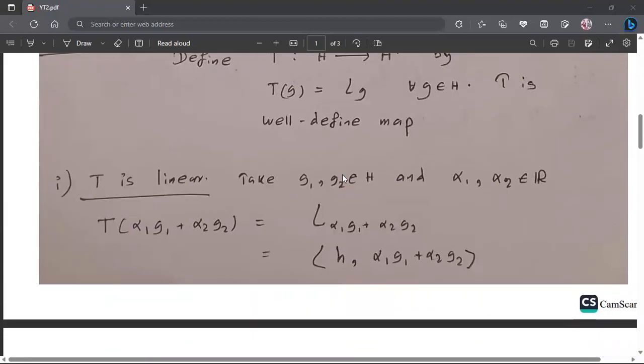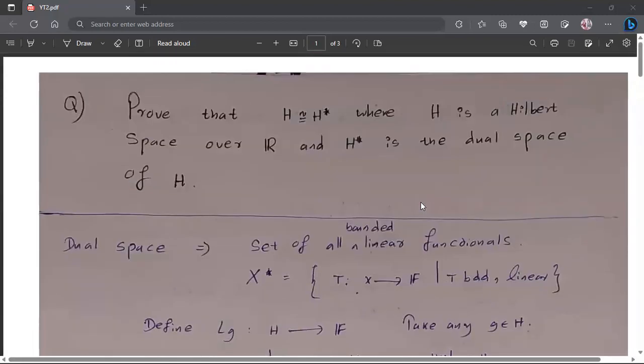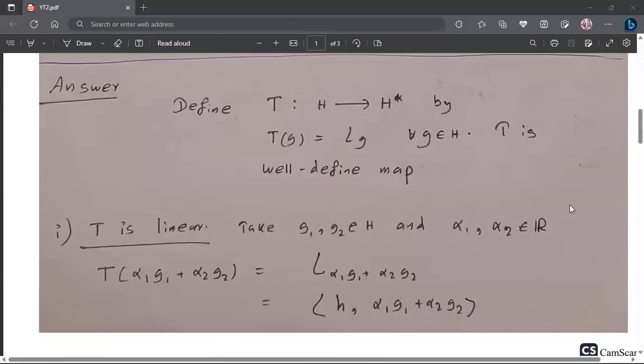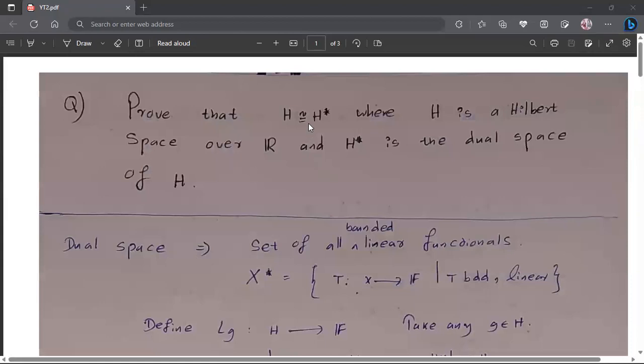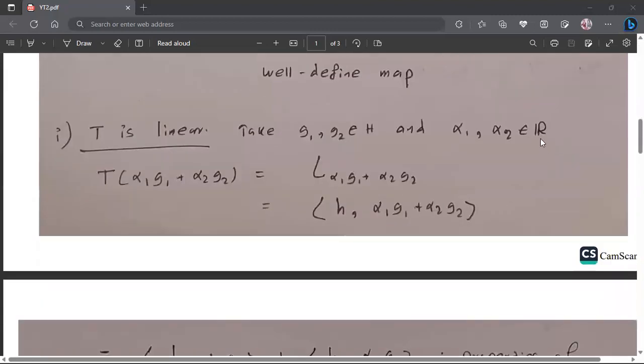So we pick any two generic vectors in the Hilbert space, g1 and g2, and alpha 1 and alpha 2 in the underlying scalar field R. This could be the complex number field as well, but in order for H and H star to be isometrically isomorphic, the underlying scalar field should be the real numbers. I will tell you why when we show the linear part, which is this part.